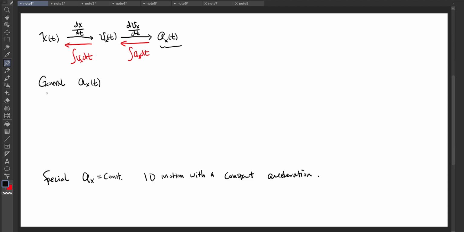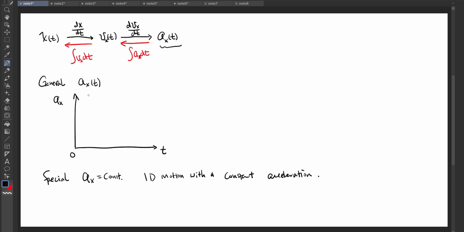Let's see how we get from a_x(t) the information about v_x(t). Let's start with a diagram. Let's say we know the variation of a as a function of time, so we know this one beforehand.